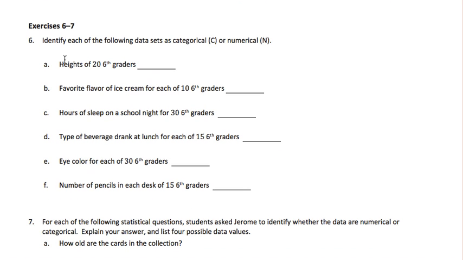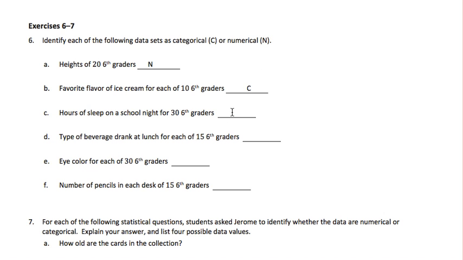So when we look at each of these data sets, we're going to tell whether it is categorical, which remember is something that is not a number, it's just a category, or numerical. First of all, the heights of 26 sixth graders. Well, those are numbers, so that would be numerical. Favorite flavor of ice cream for each of 10 sixth graders. That would be categorical, because vanilla is definitely not a number.